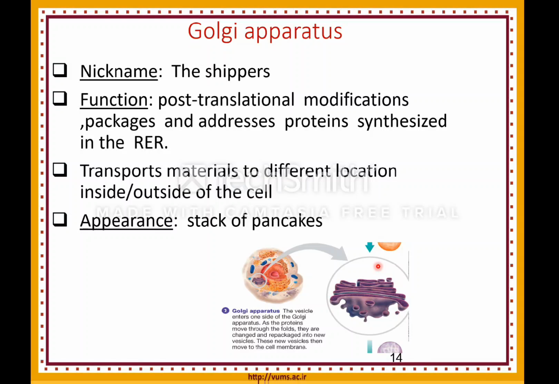The Golgi apparatus is the other membranous organelle in the cell, also known as the shipper.